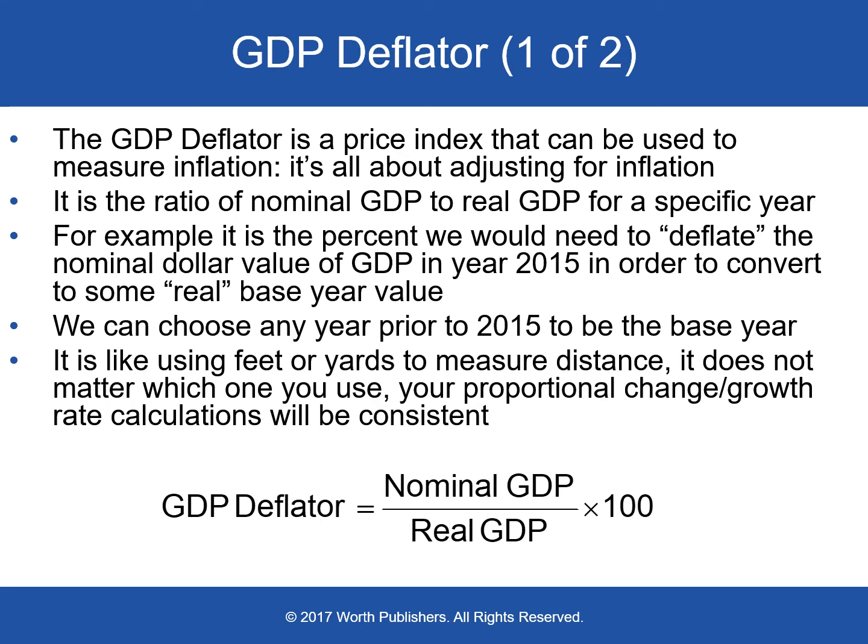Another way to put it would be to put that real GDP on the left-hand side of the equality sign. You could move the GDP deflator underneath the nominal GDP, and you could equally legitimately say the real GDP for a particular year is equal to the nominal GDP for that year divided by the appropriate value for the GDP deflator for that year.